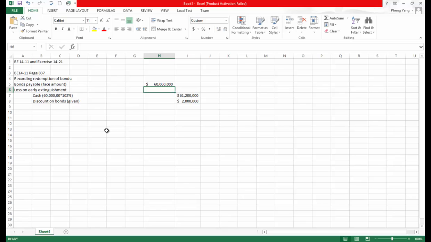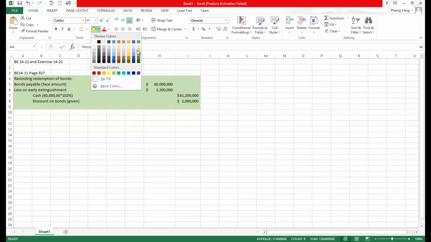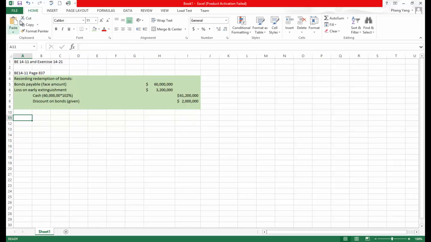Basically we would take that amount plus this amount minus that amount. So we incurred a loss of $3.2 million for this transaction. Okay, so that's brief exercise 14-11.